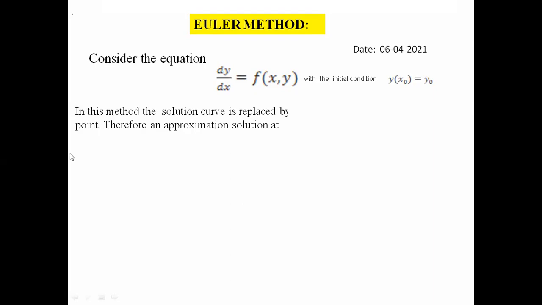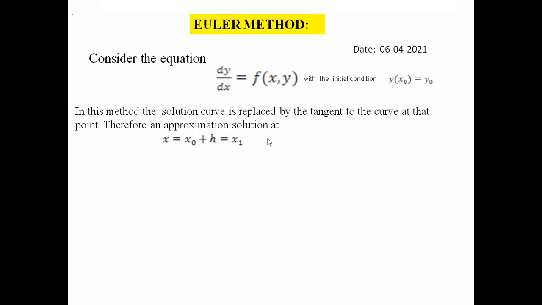Now, as I told, in Euler's method the solution curve is replaced by the tangent to the curve at that point. If you write the equation of a tangent, you know how to write the equation of a straight line passing through a point, and we get a formula like this. If you want to find a solution at a point x is equal to x naught plus h, let it be x1, then at x naught the solution is known.